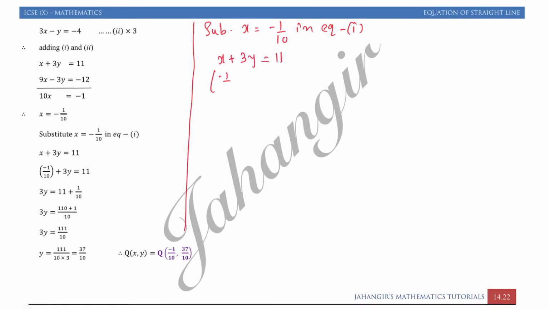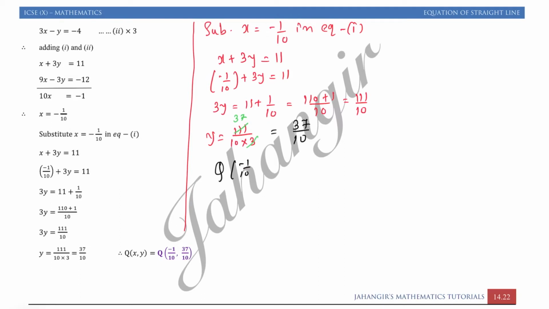The value of x is minus 1 by 10 plus 3y is equal to 11. 3y is equal to 11 plus 1 by 10, that is 110 plus 1 by 10, that is equal to 111 by 10. y is equal to 111 upon 10 into 3. You can cancel out, 3 1s are 3, 37s are 111. So therefore the y coordinate is 37 upon 10. So the coordinate of Q is minus 1 by 10 comma 37 by 10. This is the foot of perpendicular.